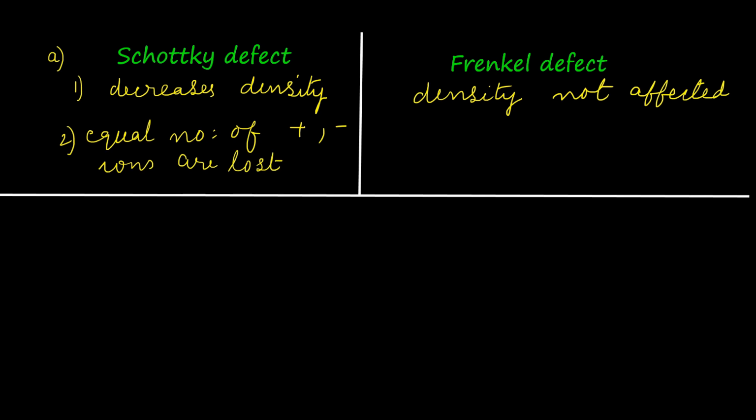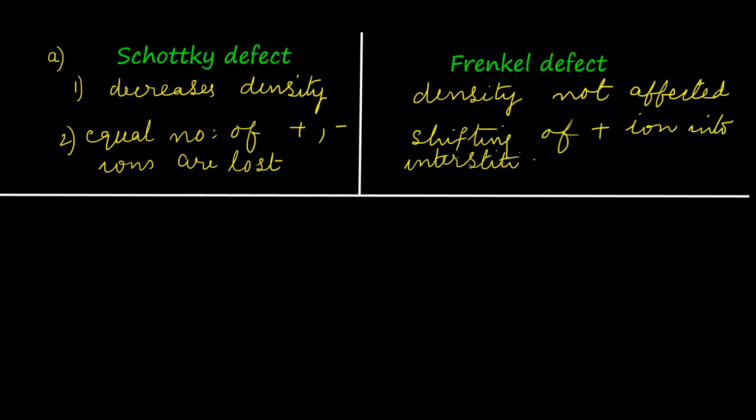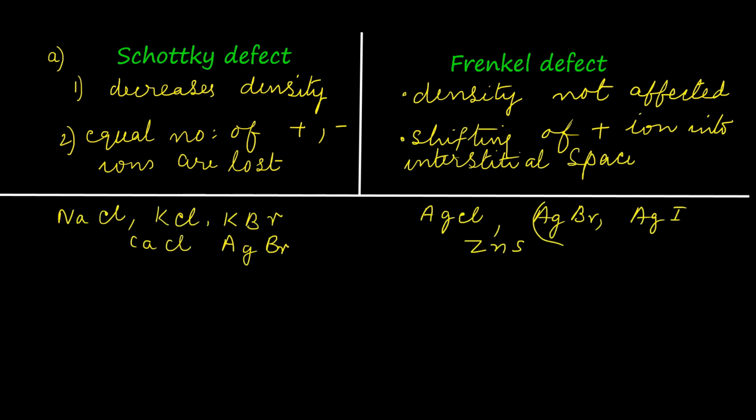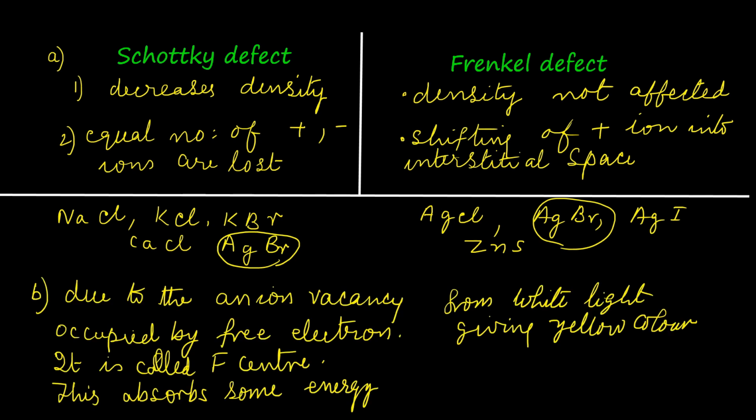In Frenkel defect, ions are not lost. It is only shifted. So, there is shifting of cation into interstitial space. I have also noted some examples for compounds showing Schottky defect and Frenkel defect. Silver bromide shows both.